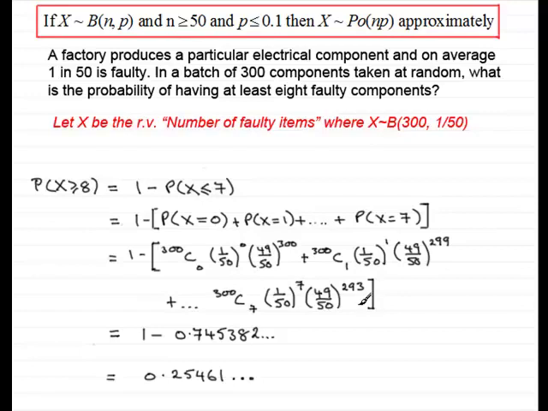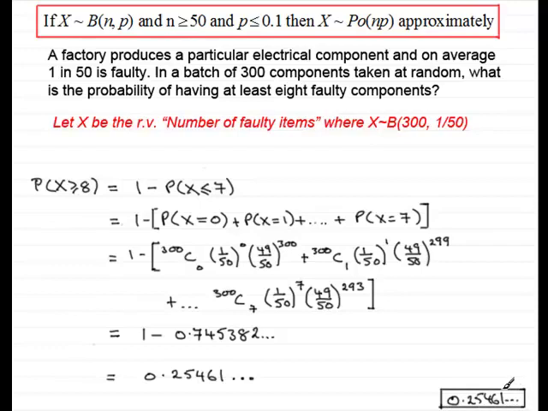That's quite lengthy to do on a calculator anyway. Working it out, you get 1 minus 0.745382 and so on, and then you end up with 0.25461 and so on. That's the real answer. We'll just put it down in this corner here so that we don't forget it.